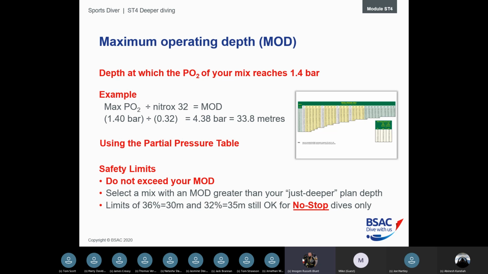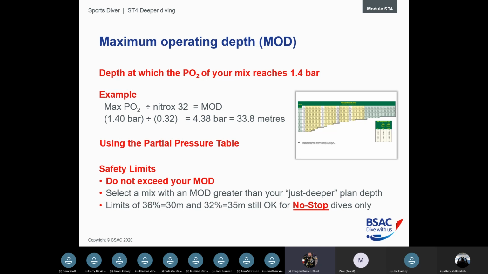For nitrox 32, the maximum you're looking at is 33 meters. And if you're breathing nitrox 36, 27 meters is the deepest that you can go. It contains depths at 3 meter intervals. So you have to go for the more conservative one, because you might be able to push it to 28 meters, but you would stay at 27 meters because it's in 3 meter intervals.